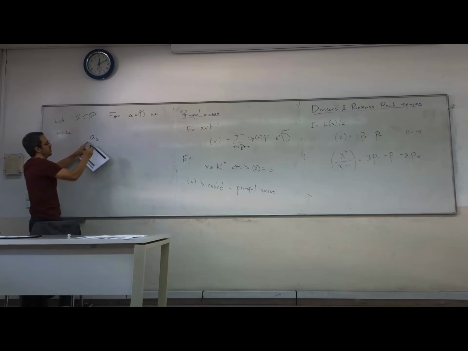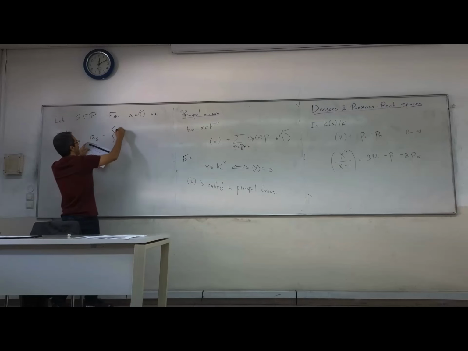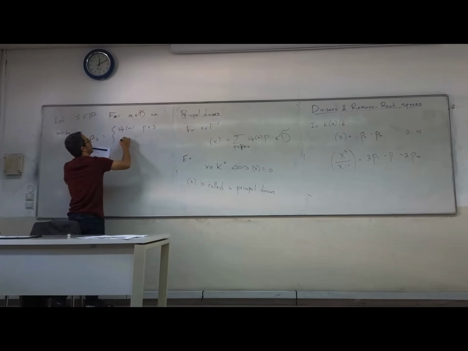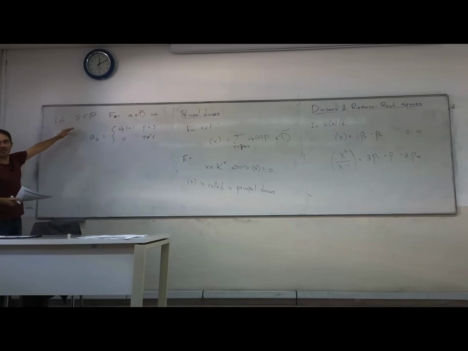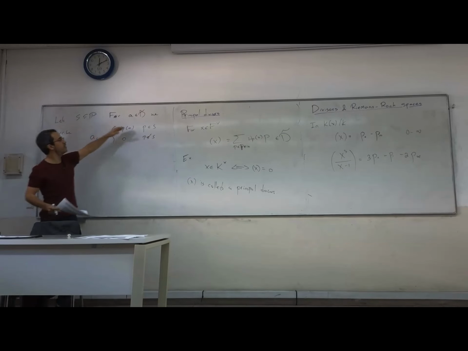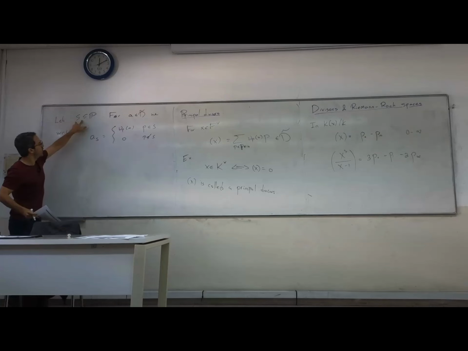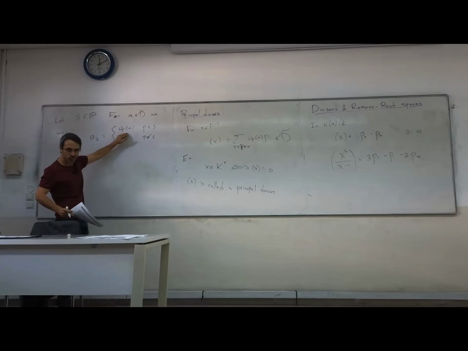That's still a pseudo divisor, but I'm just zeroing out everything that's not in S. So this is just a way of taking a pseudo divisor and truncating it to S, in the sense that I'm putting 0 outside of S and keeping the same information as it was.